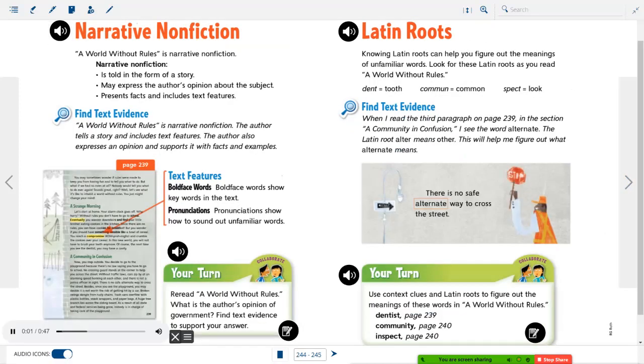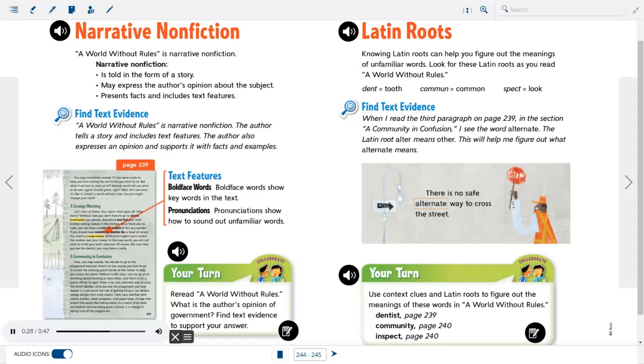Narrative nonfiction. A World Without Rules is narrative nonfiction. Narrative nonfiction is told in the form of a story, may express the author's opinion about the subject, presents facts, and includes text features. Find text evidence. The author tells a story and includes text features.